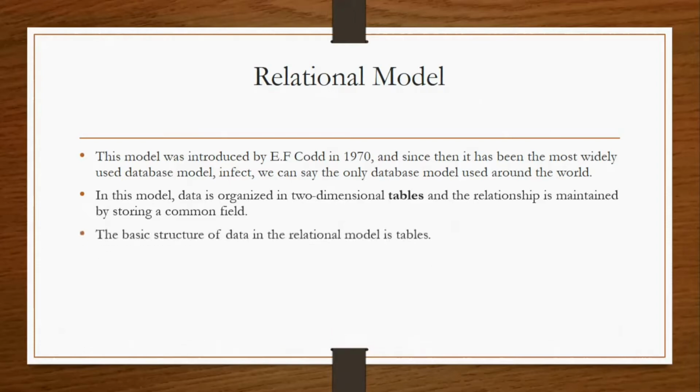So the basic structure of data in the relational model is tables. We create tables and we create relations in tables. All the information related to a particular type is stored in rows of that table. We have different columns with different data, and we insert different information in the rows.